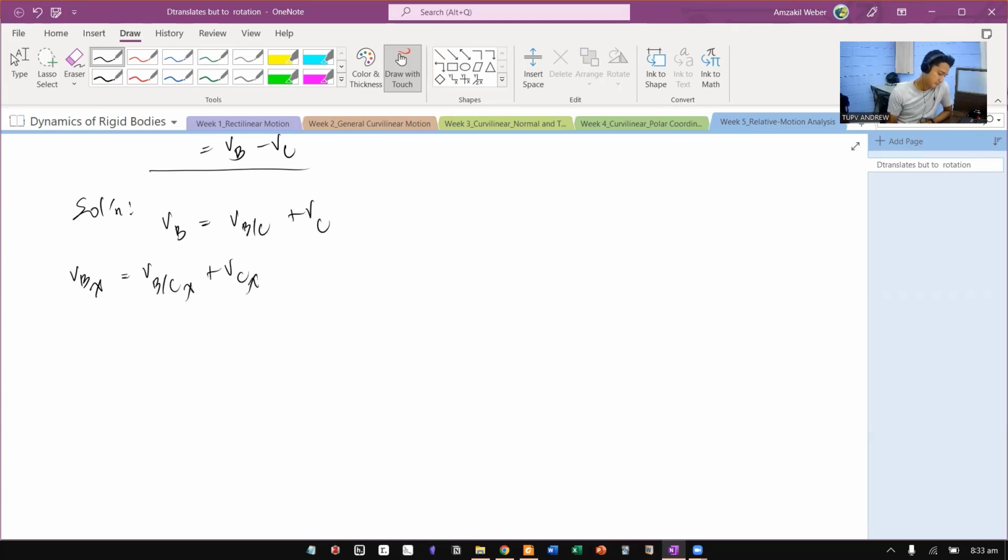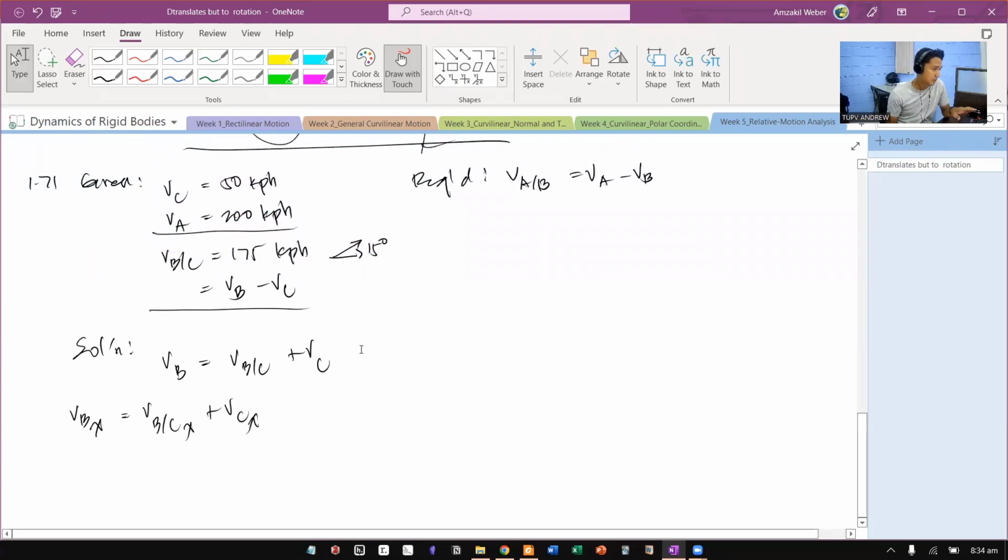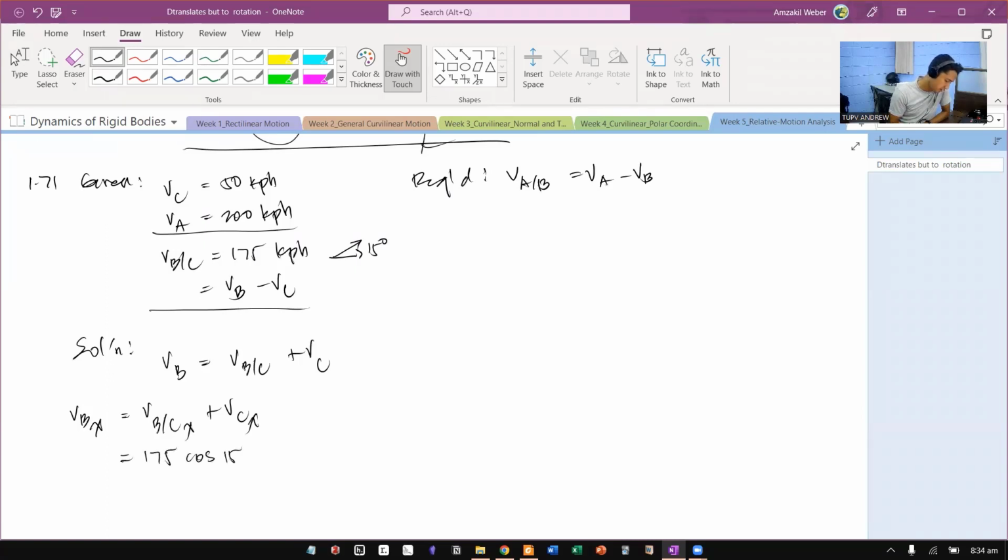VB/Cx is equal to 175 times cosine 15 degrees. That is the horizontal component, while the vertical is the other component.